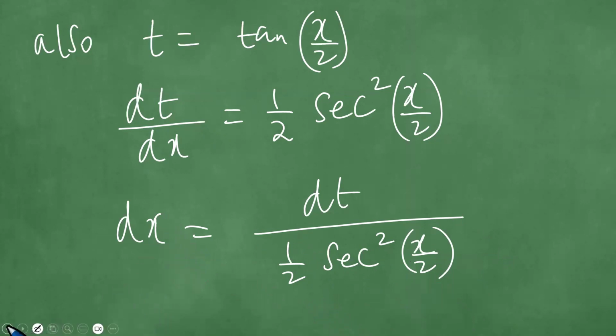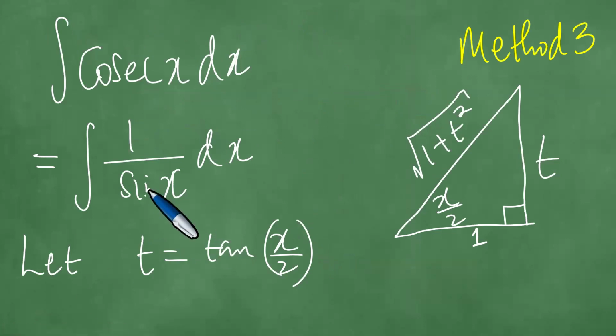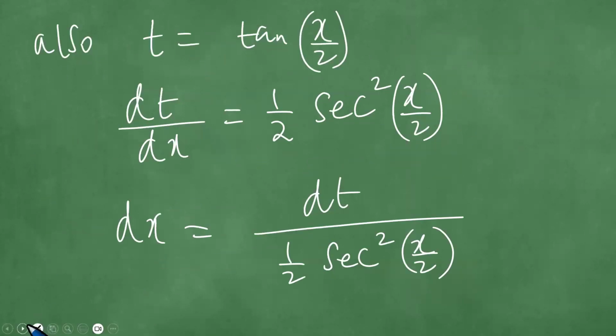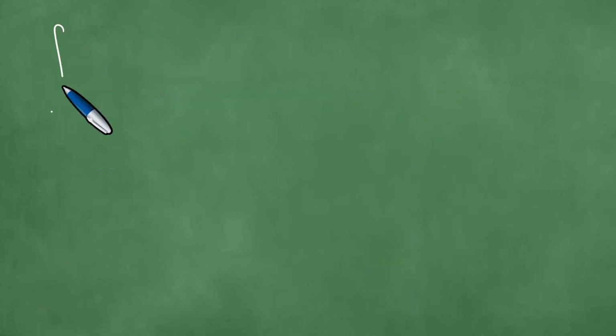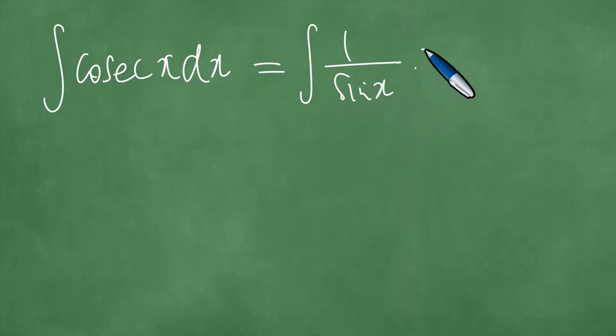Right, so now we have the integral of 1 over sine x dx. We can write a little more steps: the integral of cosecant of x with respect to x is equal to the integral of 1 over sine x with respect to x.